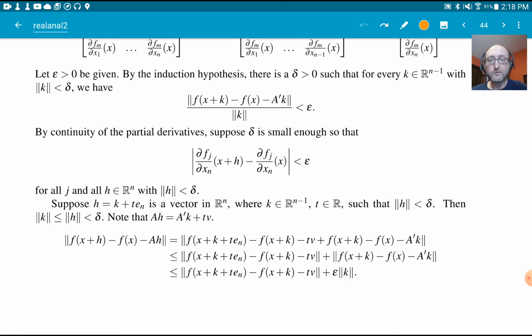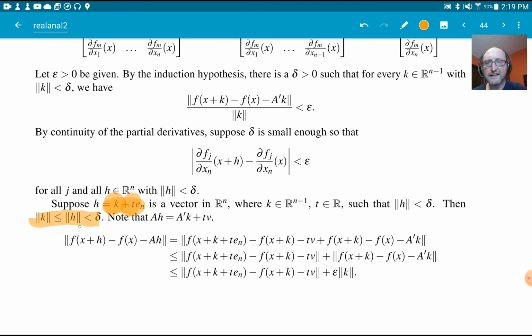All right, then what we have, you can check that means that k is also less than delta, right? If you compute, this is just the Euclidean norm, right? The Euclidean norm of this thing is really the square root of the Euclidean norm squared of k plus t squared, right?